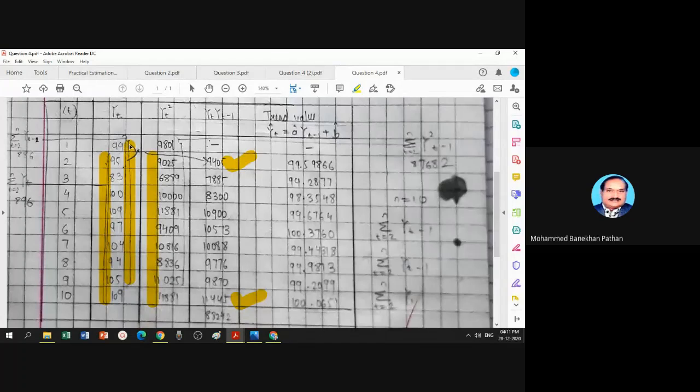This is from 1 till n minus 1, and that is from 2 till n. That is the difference.